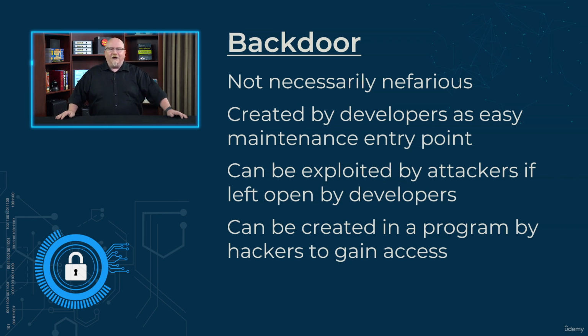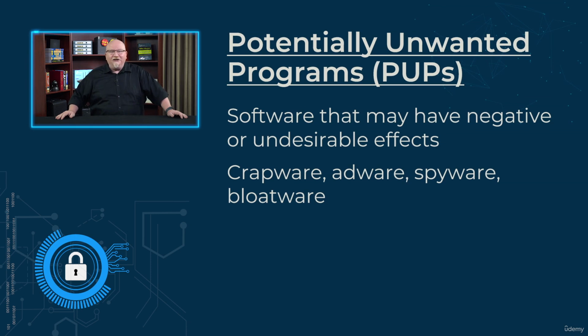The next one, and probably one of the more challenging ones to me, is PUPs, or potentially unwanted programs. Oh my goodness. Anybody who's ever used a Dell computer or a Samsung smartphone probably knows exactly what I'm talking about. A PUP is a piece of software that might have a good use, but it could potentially not have a good use.